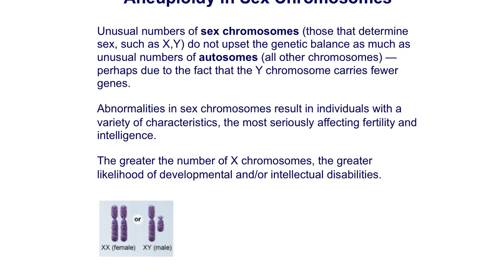If you have non-disjunction in the sex chromosomes, and it's the Y chromosome that you have one more of or are missing, the Y chromosome carries fewer genes because of its size. So that kind of mistake won't be as obvious in the individual that grows from the zygote.